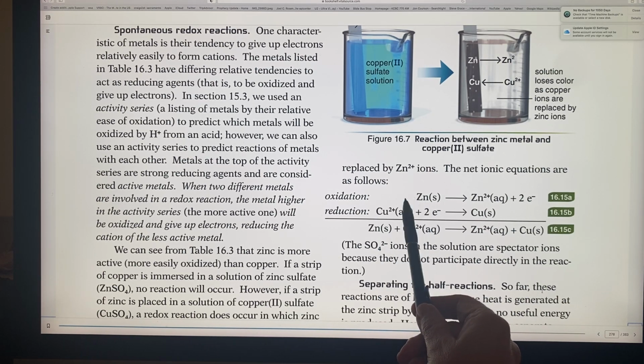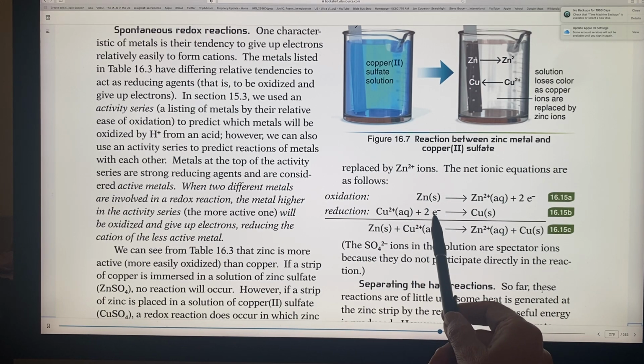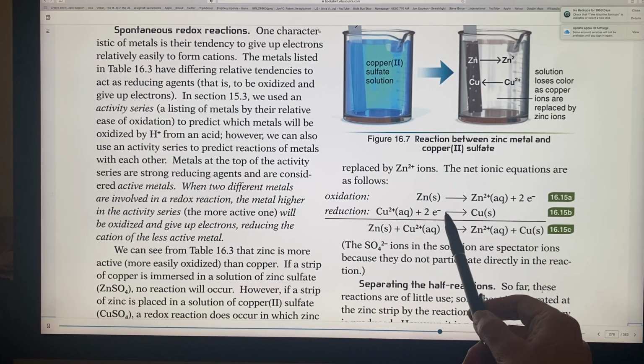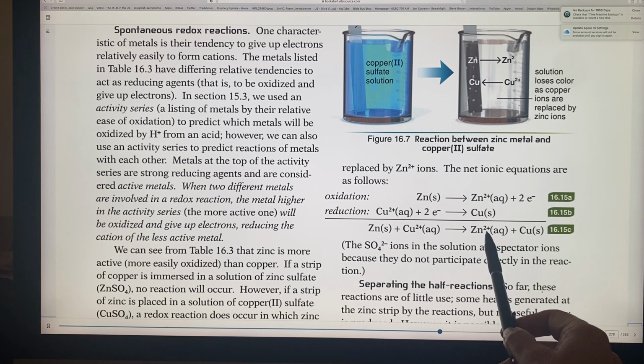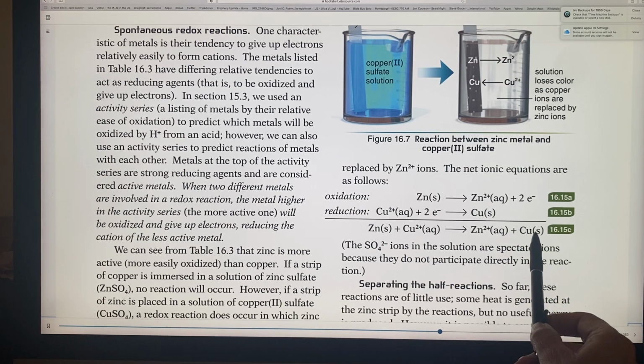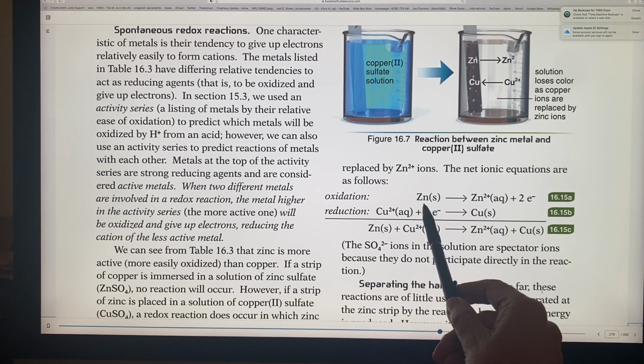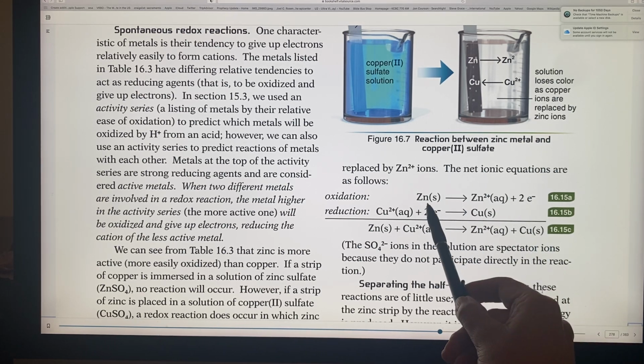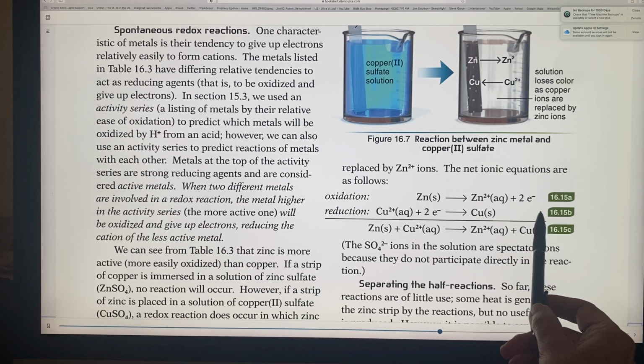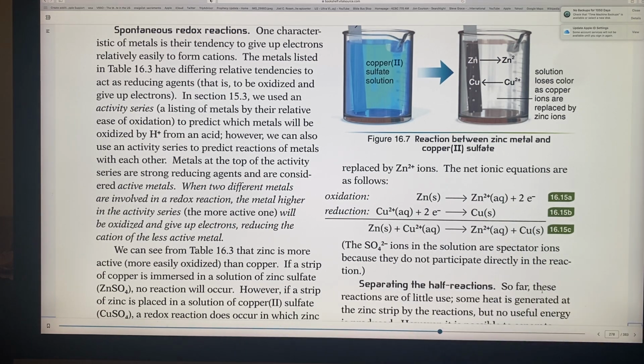You have the zinc here and the copper down here. Electrons are on this side and the electrons are on this side, so we can get rid of those. And on this side, we have the zinc and we have the copper. So this is going to be our net equation, when we take out anything that's on both sides, as these electrons are, and that's what we have.